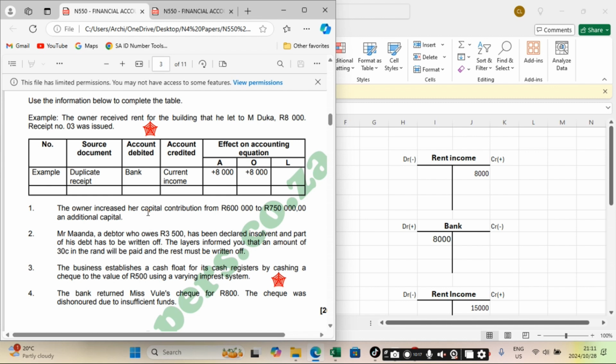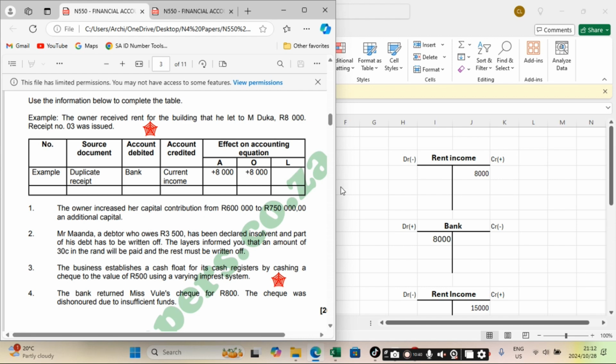Since the business is receiving that 150,000, this transaction is going to affect our CRJ.